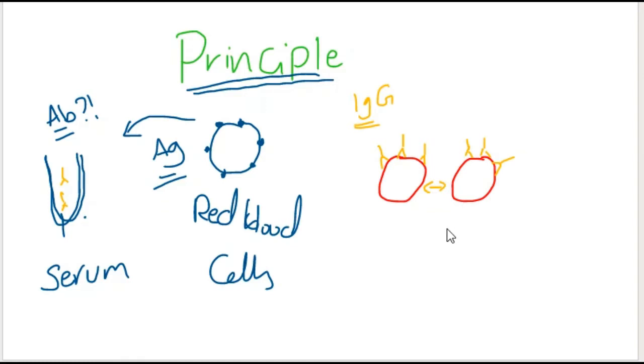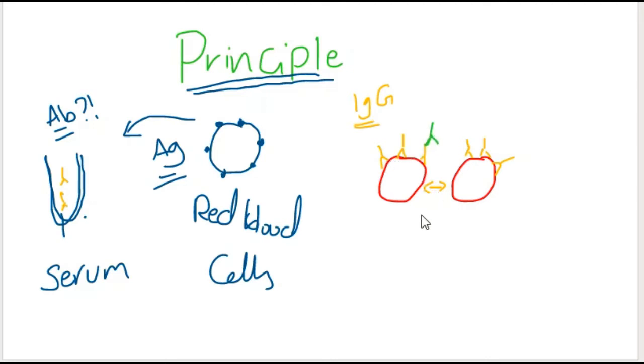In order to have agglutination, we have to add an enhancement media, and in this case, we have to do the Coombs test. So we have to add Coombs reagent. Coombs reagent is antibody, so it has the ability to bind human antibody.